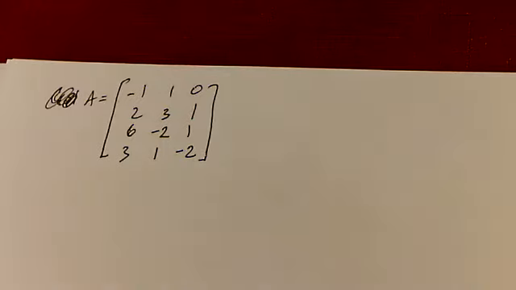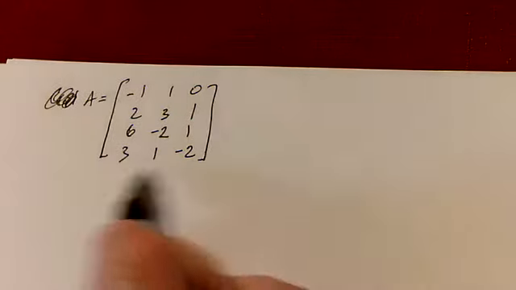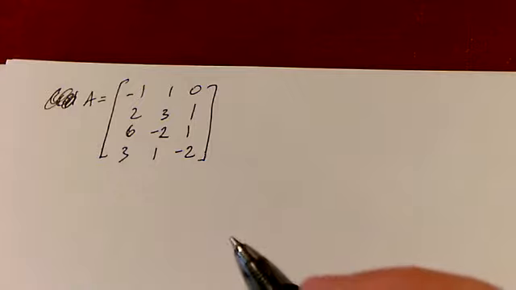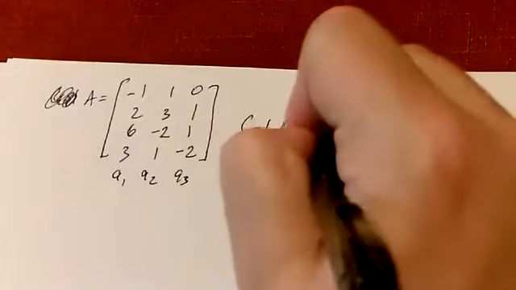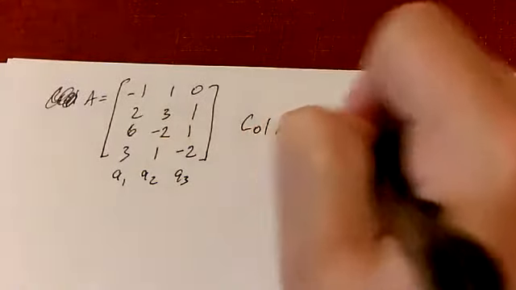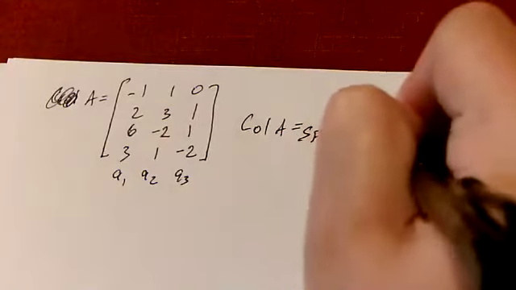Notice A is not square. I have 3 columns but 4 rows. So the vectors in the column space of A, let's label these columns A1, A2, A3. We know that the column space of A is equal to the span of the 3 columns, A1, A2, and A3.